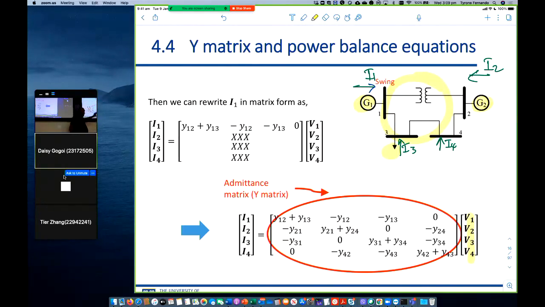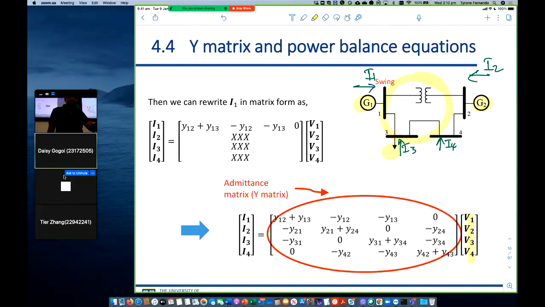Now, I'm given this admittance matrix. The notation that we're going to use to represent this admittance matrix is uppercase Y, right? Uppercase Y. So, if I now refer to a particular element in that admittance matrix, uppercase Y subscript 1,1 refers to the 1,1 element.